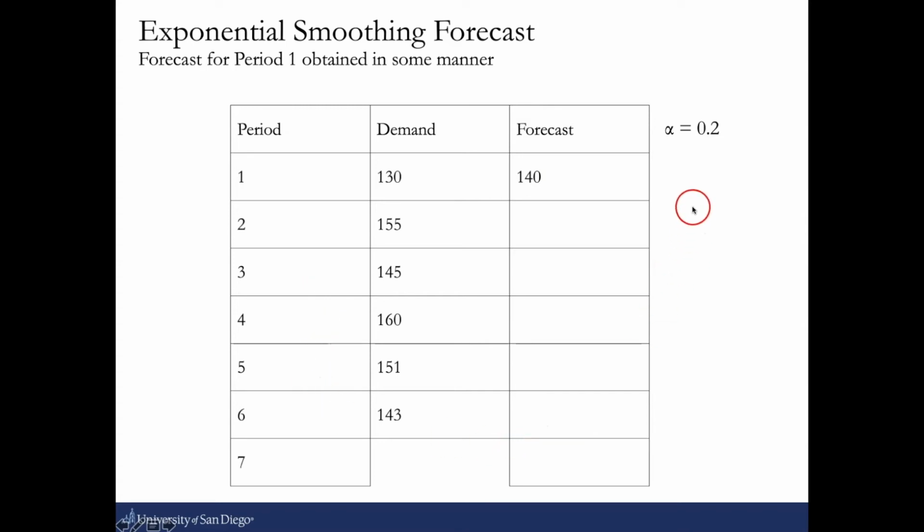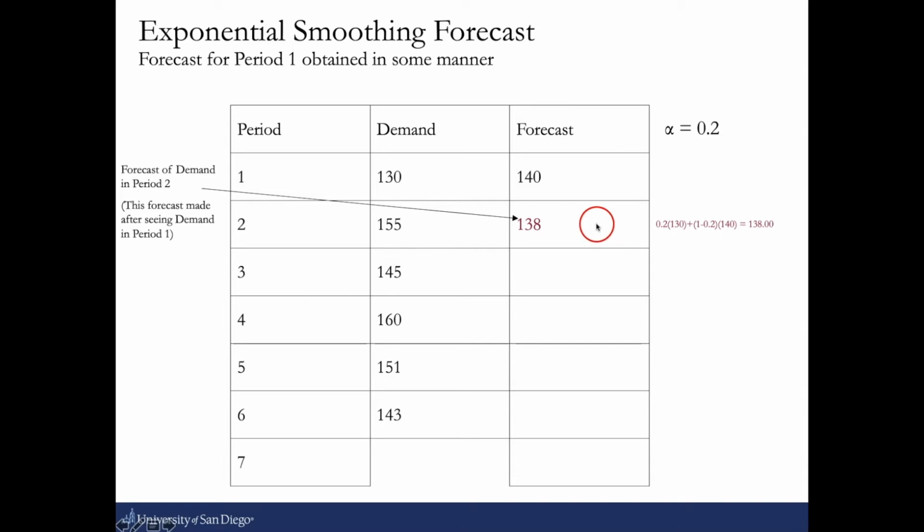Again, we consider alpha equal to 0.2 in this example. So we have 0.2 multiplied by 130, that is the demand in period 1, plus 1 minus 0.2 multiplied by 140, that's the forecast in period 1, and we get 138 as our forecast for period 2.